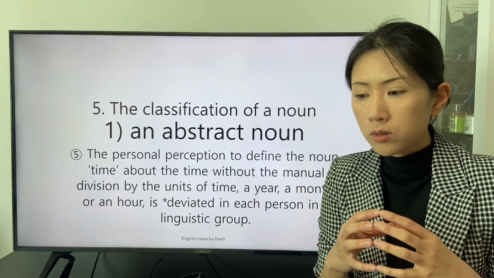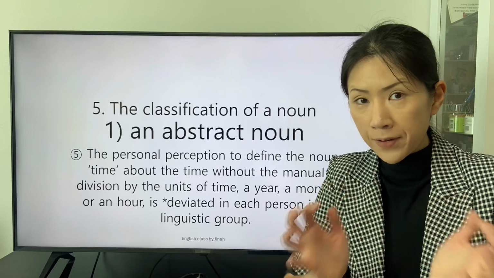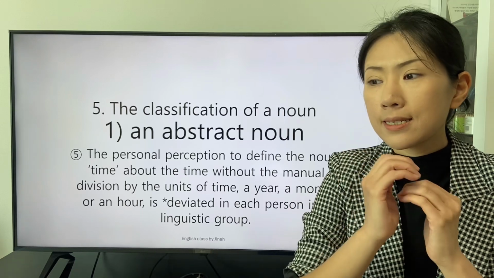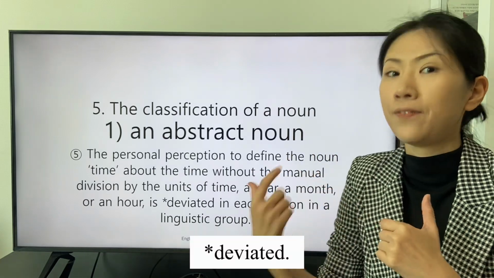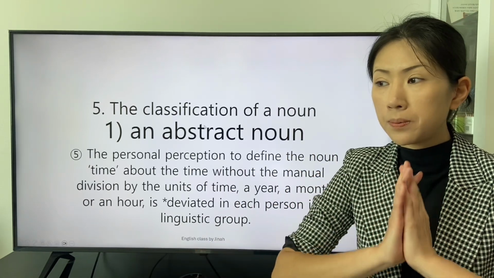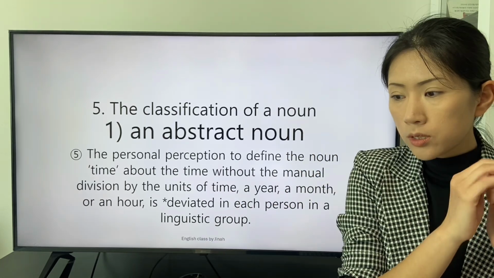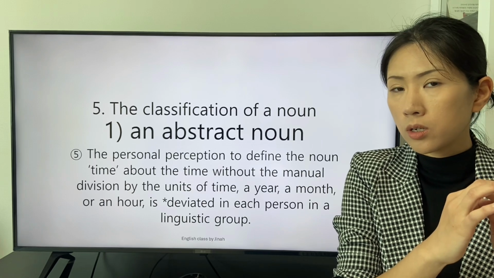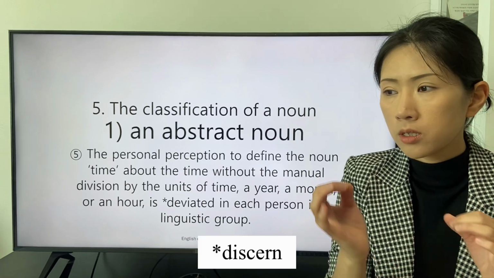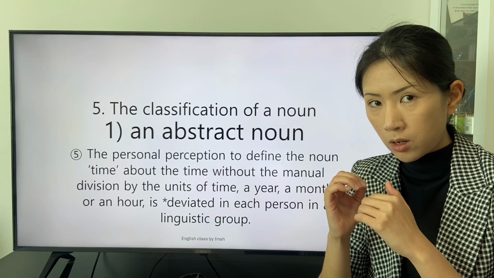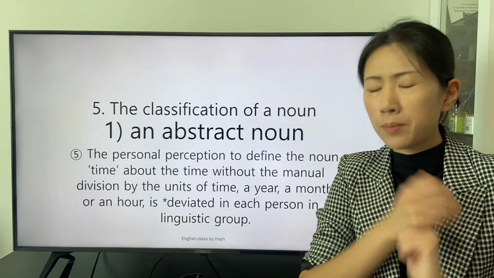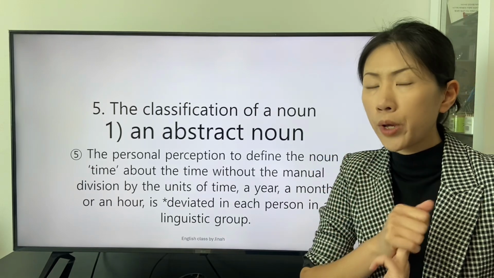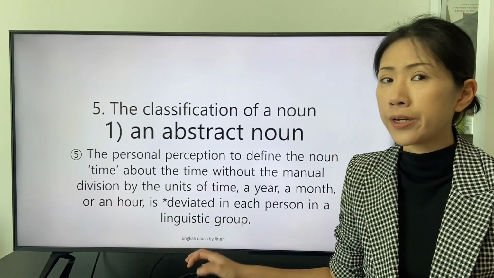So the personal definition toward time without any units is deviated. So the people in the linguistic groups set the unit to discern a specific period of time with a second, a minute, an hour, a week, a month, and a year.